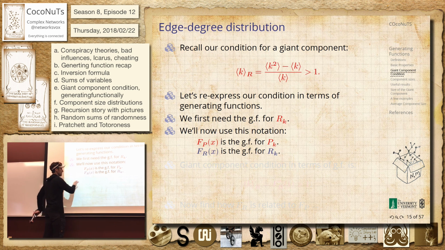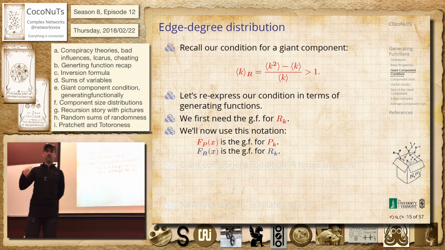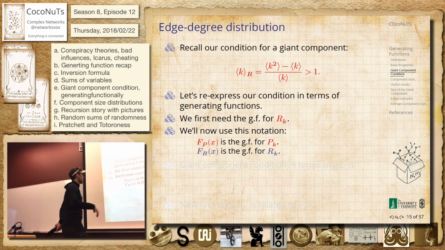There'll be two other related generating functions, for, given you hit a node, the probability that it is part of a component of a certain size. So that'll be a probability of a size. Size, of course, is an integer, like 1, 2, 3, 4 nodes.